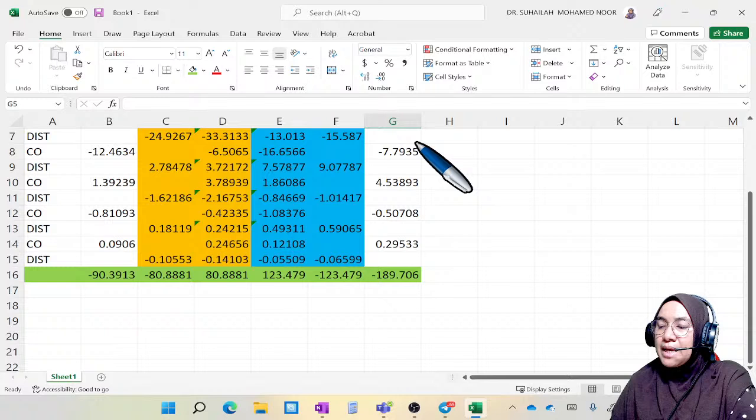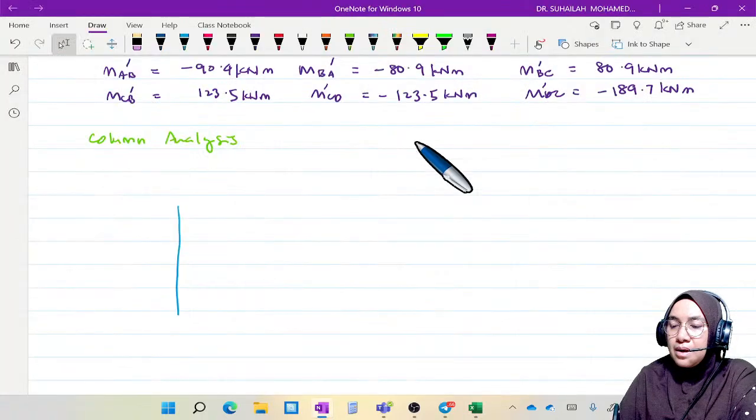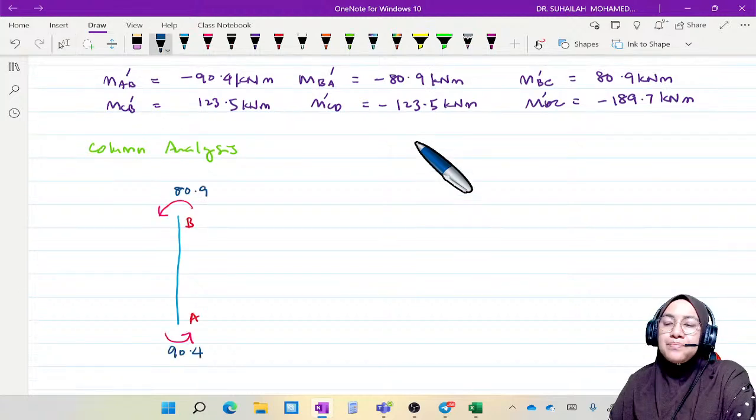Column analysis: this is A and B. The moment at A is negative, and the moment at B, BA, is also negative. The values are 90.4 and 80.9.